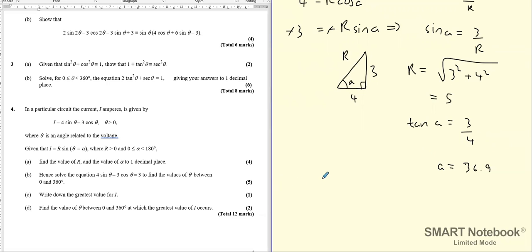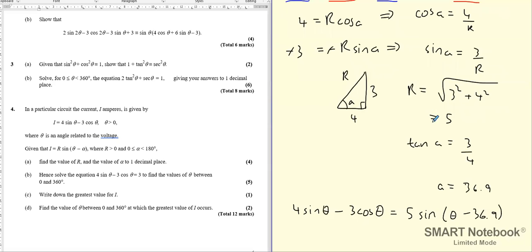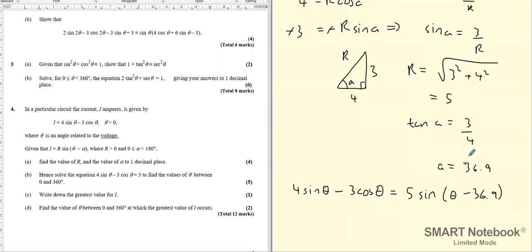And so what we have found out in part A is that 4 sine theta minus 3 cos theta is the same as 5 sine theta minus 36.9. Now again, like I'm saying, your teachers might have taught you slightly differently how to get r and alpha. Ultimately, the answers should still be the same.